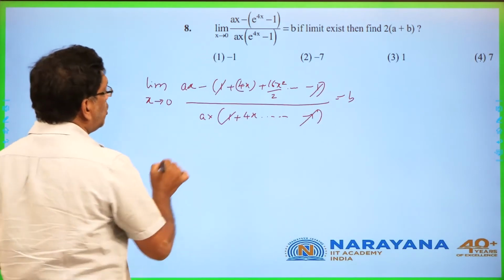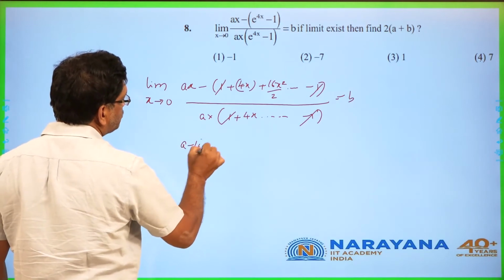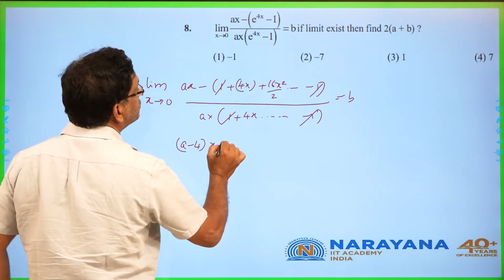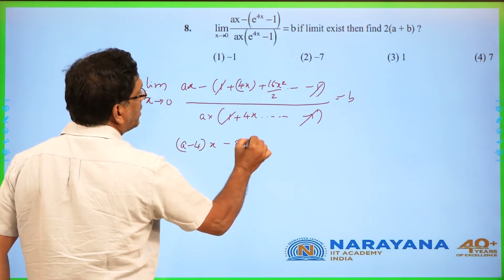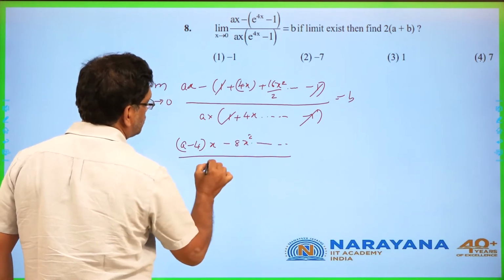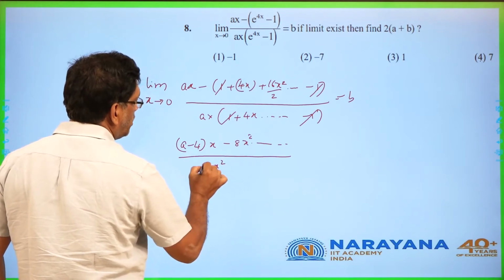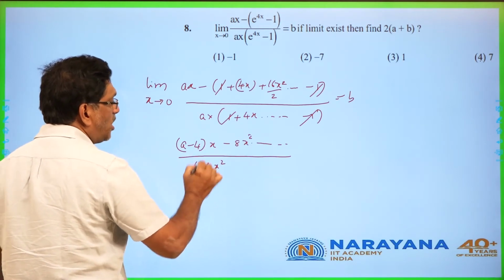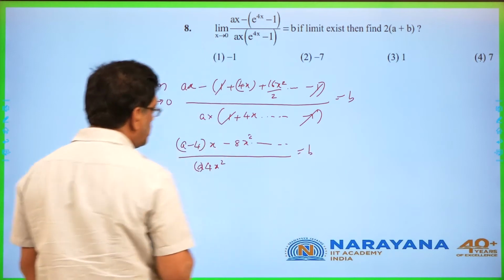So it is a minus 4 of x minus 8x^2. Remember, you will get so many terms by 4x^2. Of course, a also is there, equal to b.